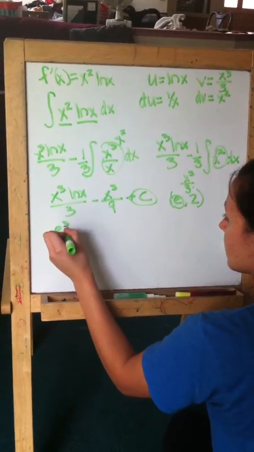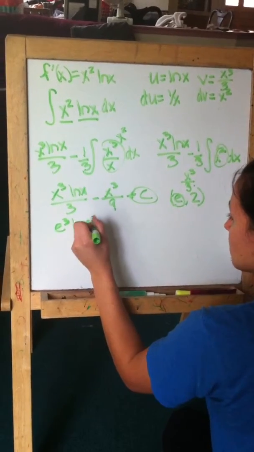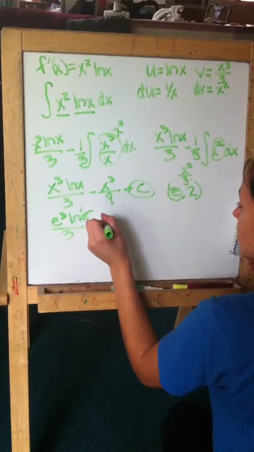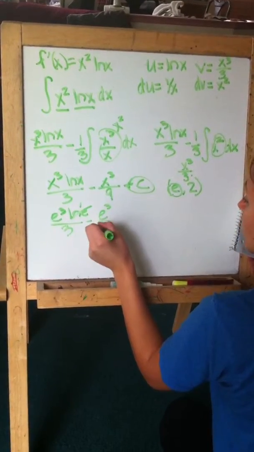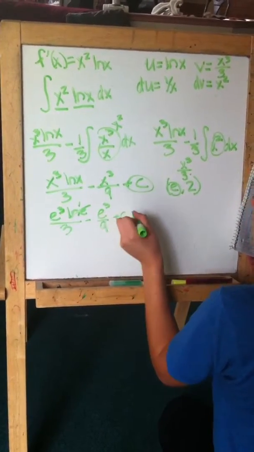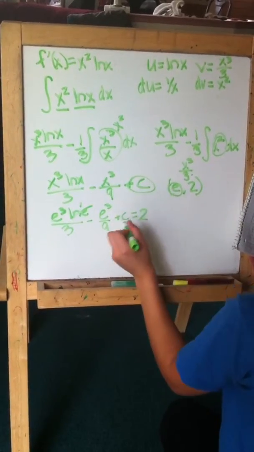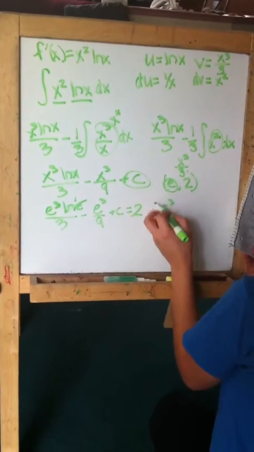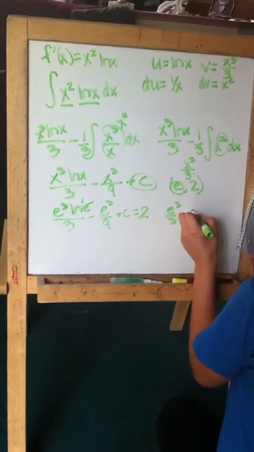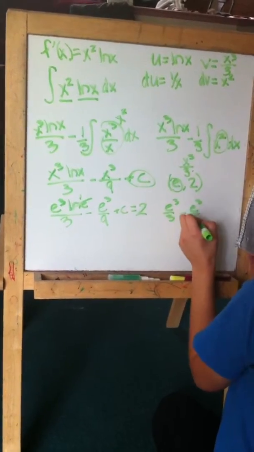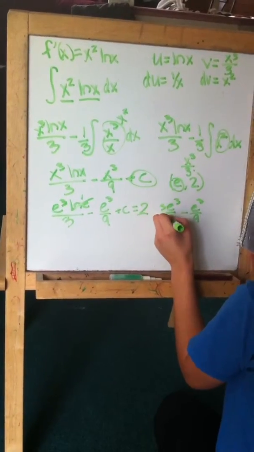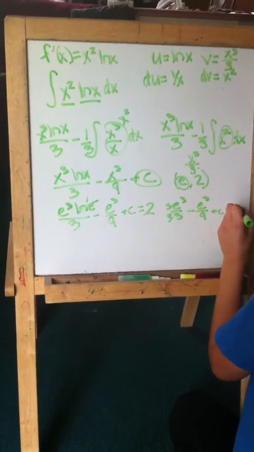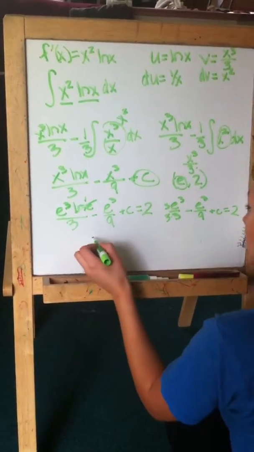So e cubed ln e, which becomes 1, over 3 minus e cubed over 9 plus c equals 2. Now we solve for c. That's e cubed over 3 minus e cubed over 9, so we multiply by 3 here, plus c equals 2.